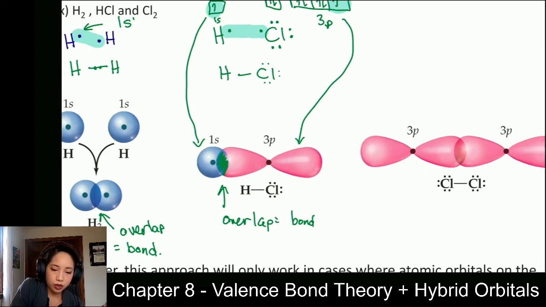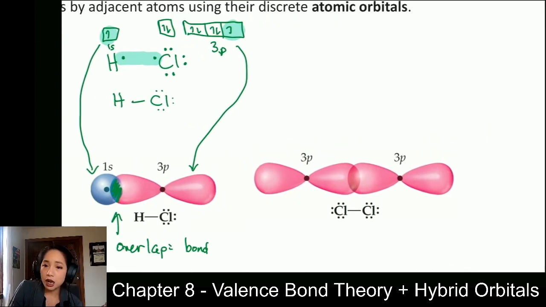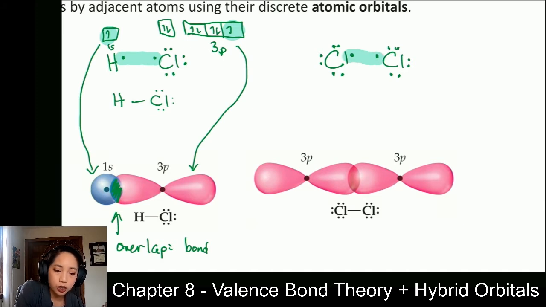And so we can do the same type of picture for diatomic chlorine. So each chlorine has 7 valence electrons, with one unpaired. Right? So our Lewis structure says that these two electrons will become shared with one another to make a bond, along with the other valence electrons.